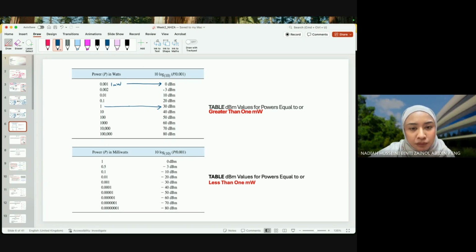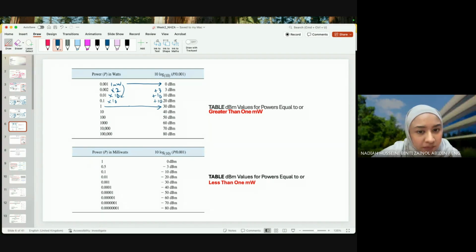So let's see how it progresses. If I times 1 milliwatt by 2, you add 3 dBm. If I times 1 milliwatt by 10, I'm adding 10. What if I multiply this by another 10?